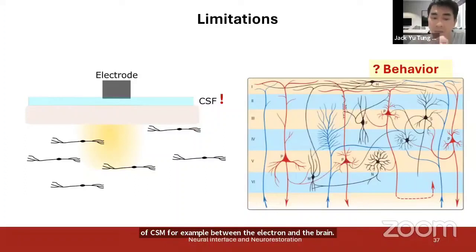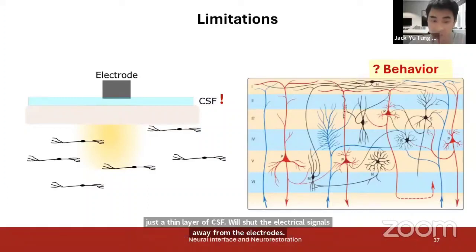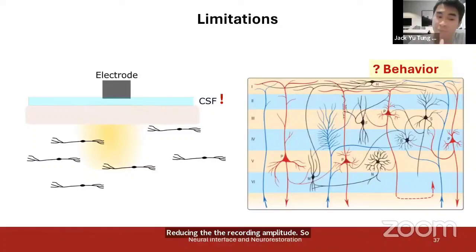Just a thin layer of CSF will shunt the electrical signals away from the electrodes and reduce the recording amplitude. There may also be inflammatory reactions, for example, between the electrodes and the brain surface that increase the distance from the electrodes to the recorded neurons.